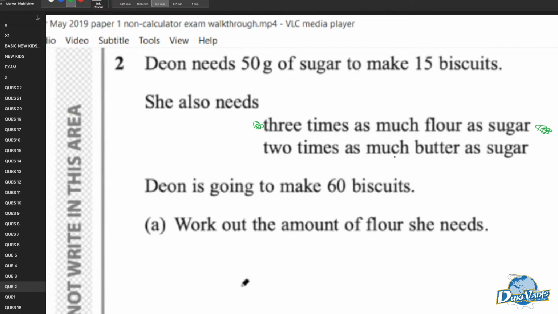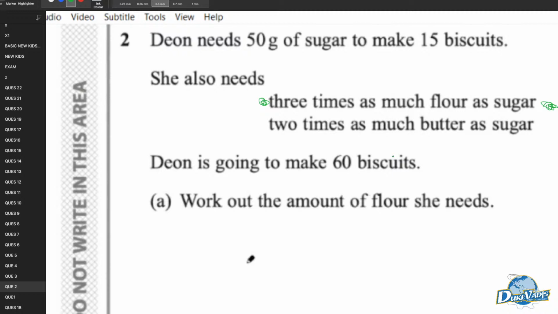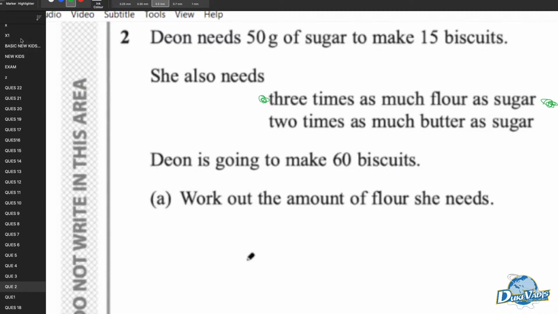Dion is going to make 60 biscuits. So what does the question say? Work out the amount of flour she needs.